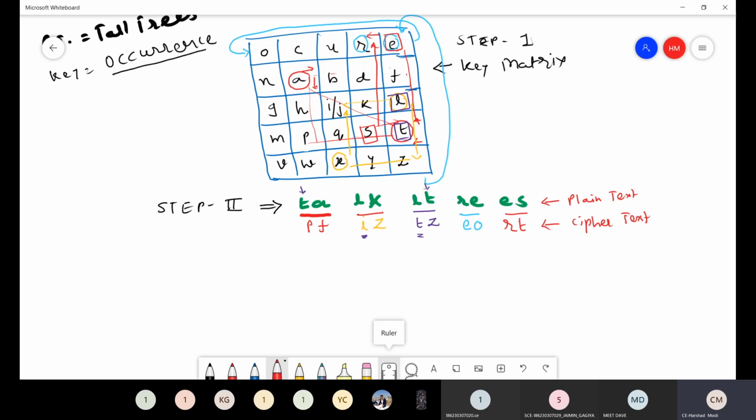The remaining cells we fill with the remaining letters of the alphabet A to Z. One thing to remember: whenever I is there, we fill it with J, because I and J share a common cell.